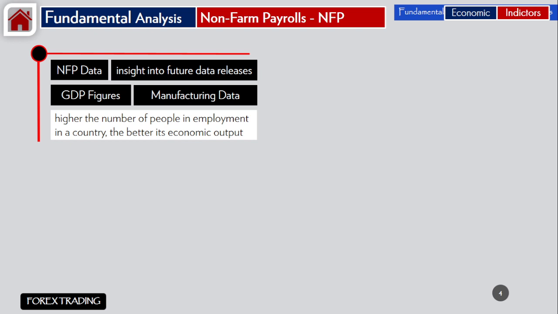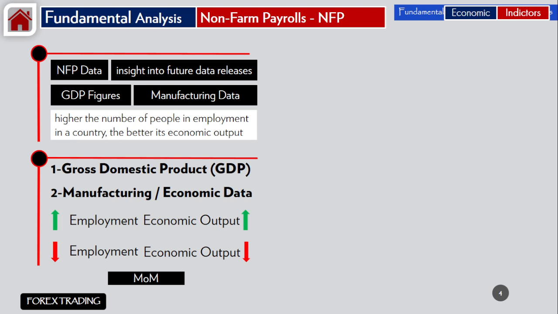Actually, it feeds the GDP figures and manufacturing data. The higher the number of people employed in a country, the better its economic output, and we can determine this easily from the NFP data. So you can see the NFP data directly contributes to the gross domestic product and the economic data.